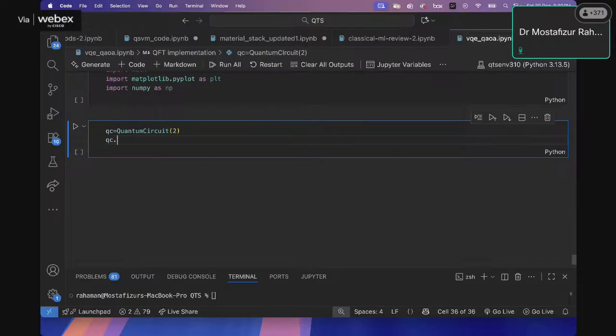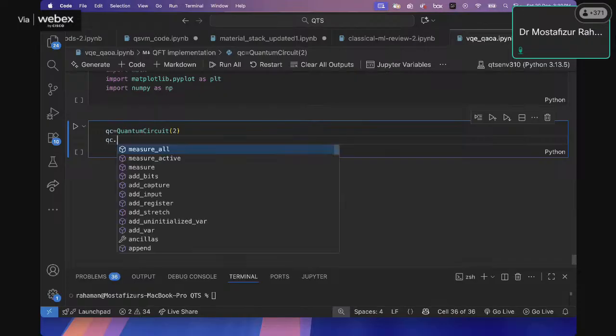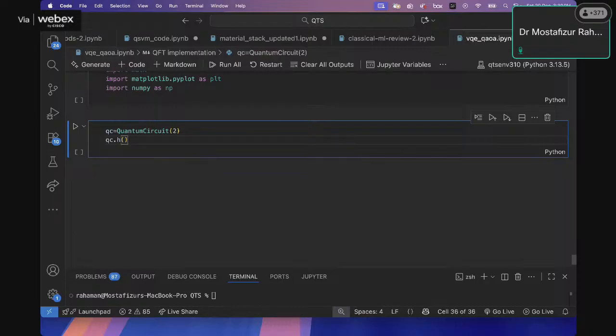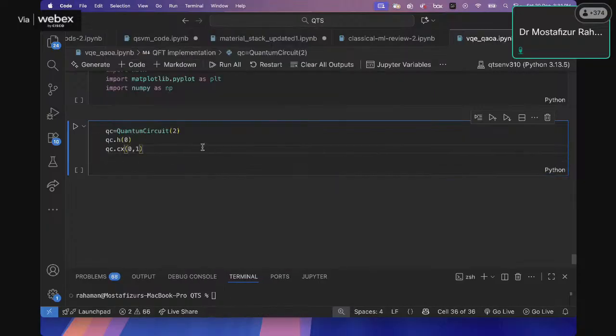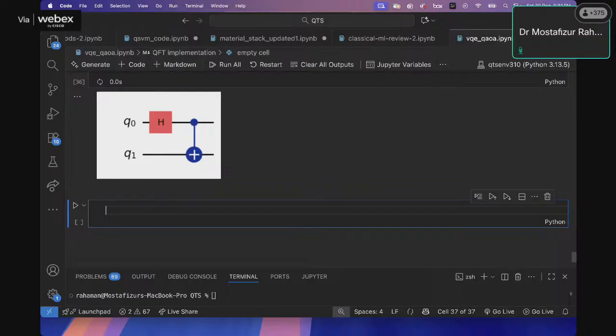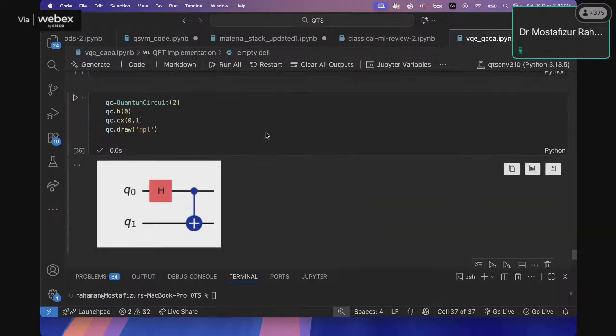Before going to QFT, QC dot Hadamard on the first qubit, which we have seen, and then QC dot CX, a controlled X between the first and second qubit. Let us see the picture of how it looks with MPL. Just check that you can print this simple circuit, a Hadamard and a CNOT. It's a very simple one, just to test that your code is running.